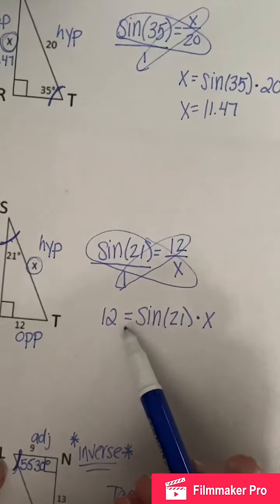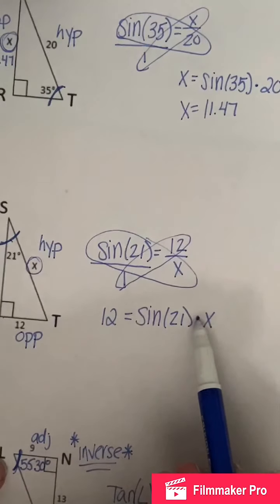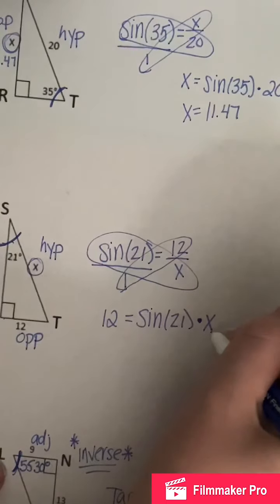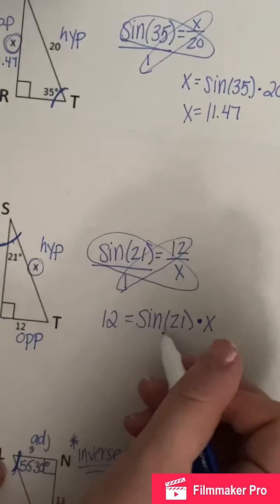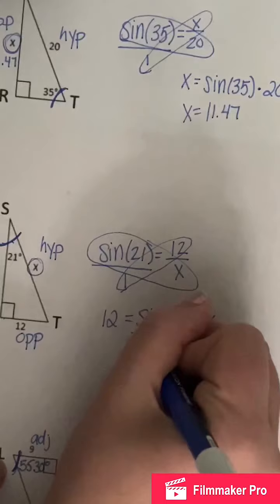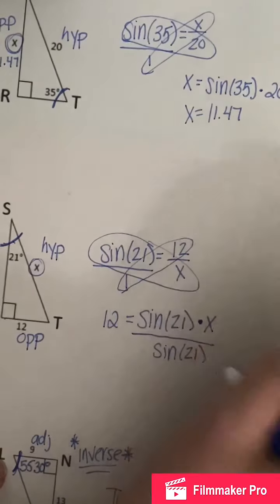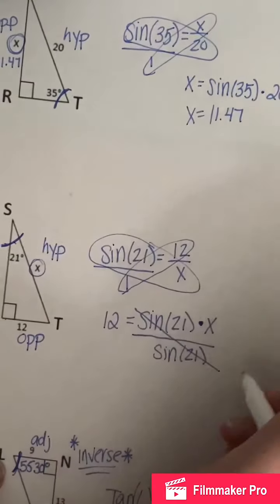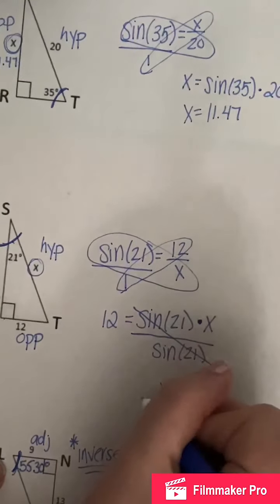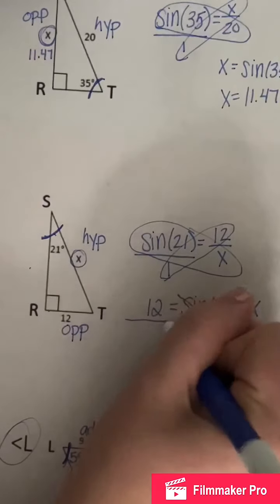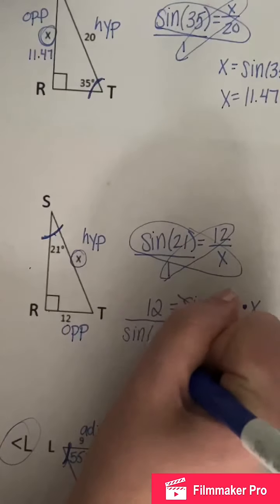So we have to get x alone by doing the opposite operations. Just like when you're solving for x, if this was 3x, you would divide by 3, but this is sine of 21 times x. So we divide by sine of 21. So that these can cancel and you'll get x alone. But remember, whatever you do to one side, we have to do to the other side. So sine of 21.